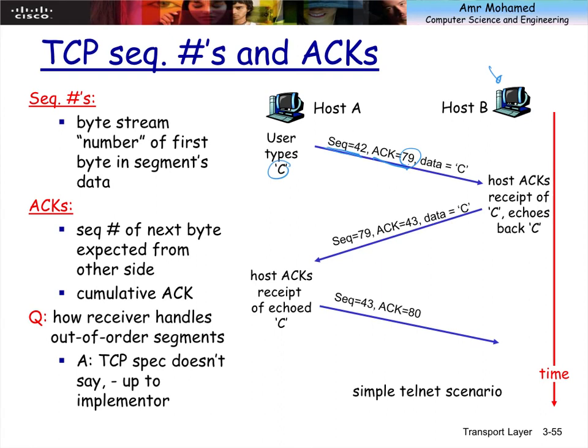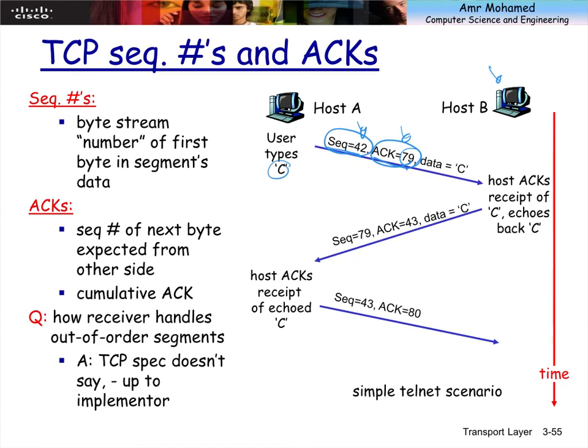Clear? Now, what is the relationship between this sequence number and the acknowledgement number? Is there any relationship? Nothing. They are not related in any way. I mean, the fact that I'm acknowledging byte 79 has nothing to do with the fact that I'm sending byte 42.